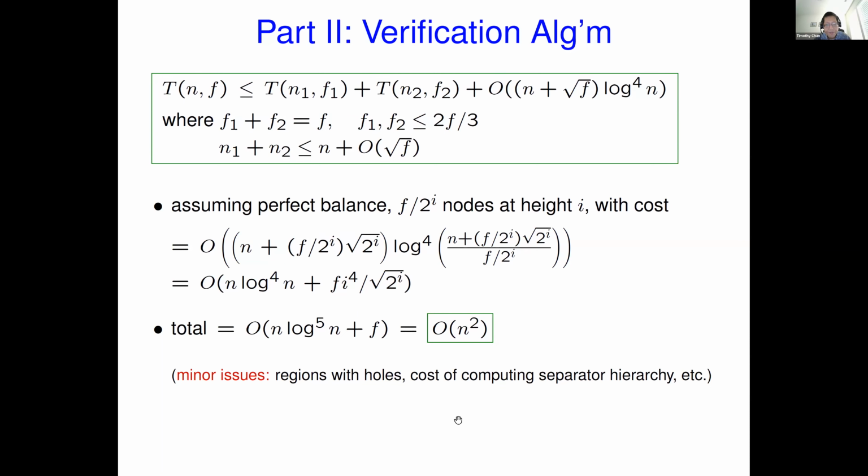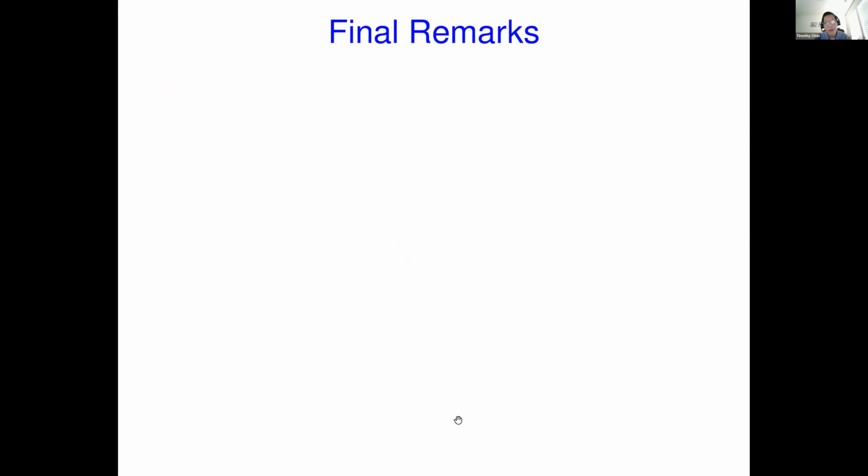All right, so then we are basically done. So, last slide, some final remarks. We have come up with the first optimal algorithm for order-k Voronoi diagrams, but it's pretty complicated. Are there simpler algorithms? Do we really need all that crazy stuff?